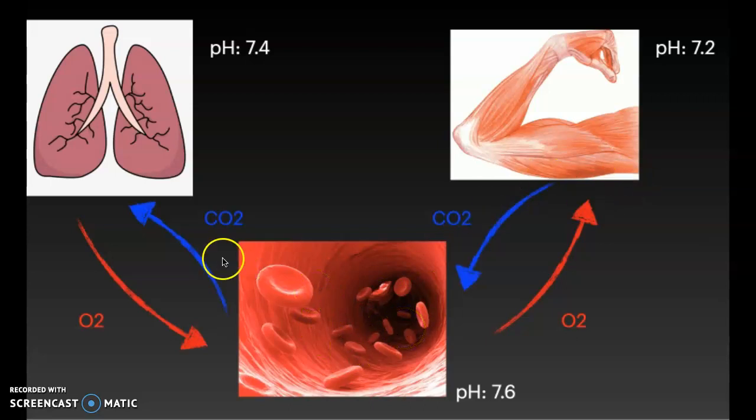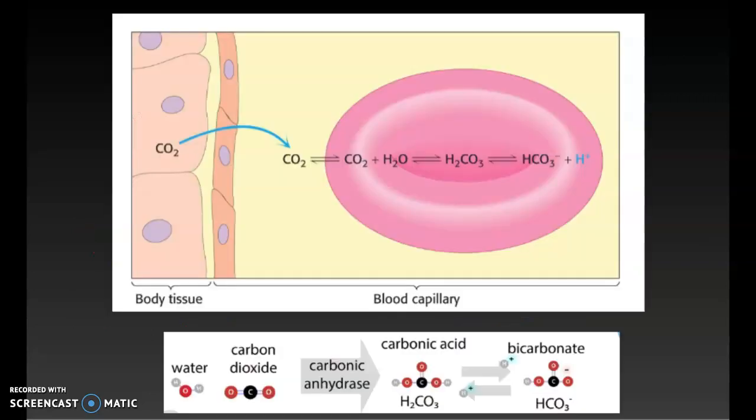All right, so we'll dive into a little bit more how this CO2 transport on the hemoglobin affects the pH of the capillaries. When hemoglobin arrives at the body tissue or muscle, CO2 is in the tissues and it diffuses into the red blood cells. Inside a red blood cell, the carbon dioxide reacts with water to form carbonic acid, in a reaction that's catalyzed by carbonic anhydrase.